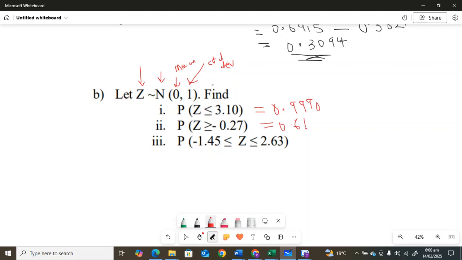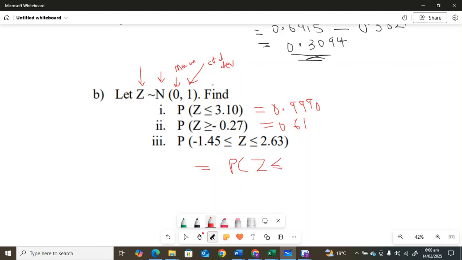Okay, the next part, we have the probability between two numbers. As I said, the greater probability minus the smaller probability.